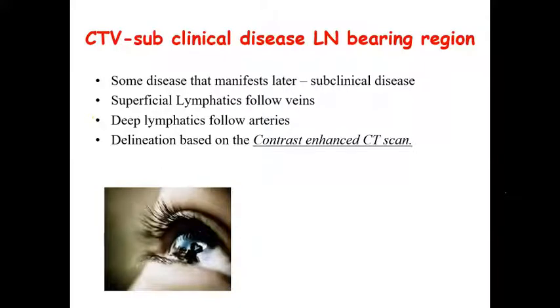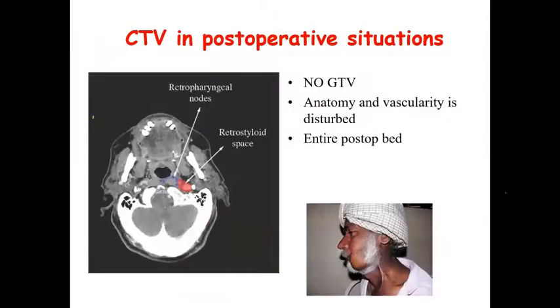So this is usually found around the lymph node bearing regions. The lymph nodes are not involved. So what we do is we look into the anatomy and delineate the anatomy wherever the lymph nodes are likely to be present. And that takes care of the subclinical disease in an elective fashion.